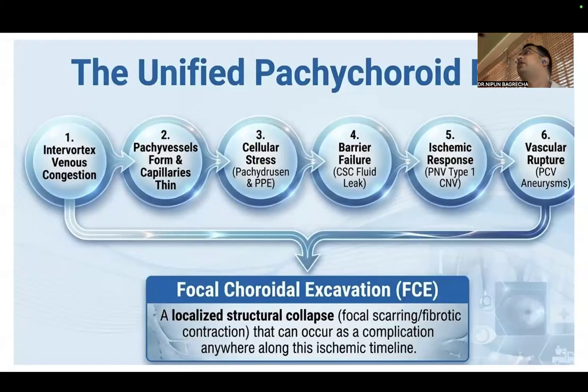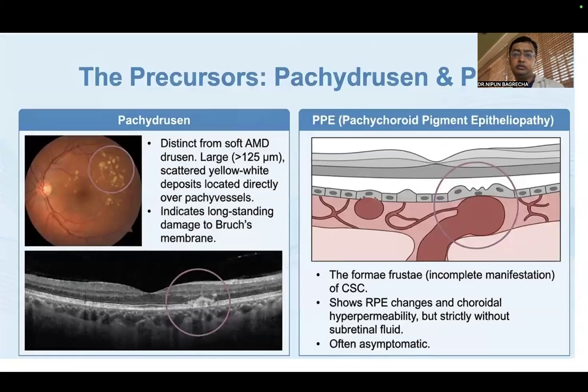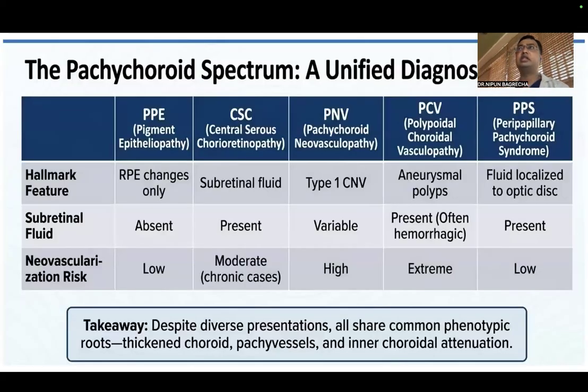First is the pachychoroid pigment epitheliopathy. This is the spectrum. I want to ask Dr. Sudhanshu regarding the spectrum. First, what happens is the pachychoroid pigment epitheliopathy. We have seen many OCT cases in our day-to-day OPD with pachychoroid pigment epitheliopathy.